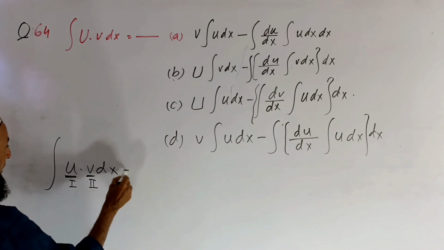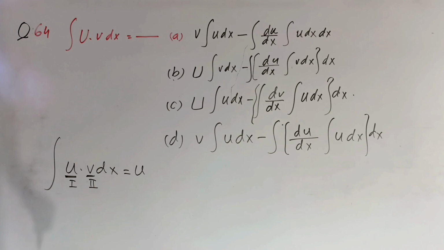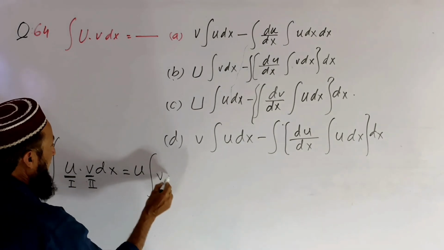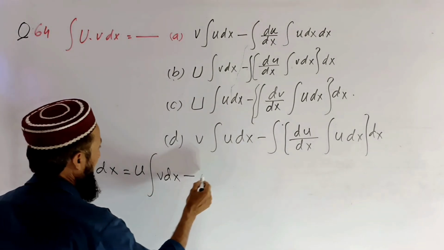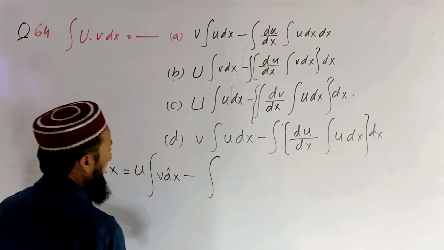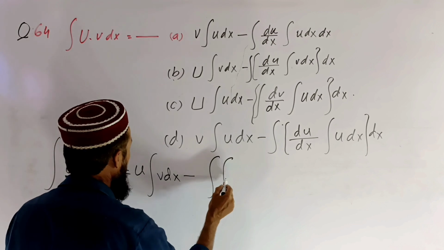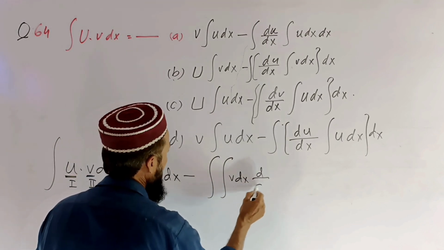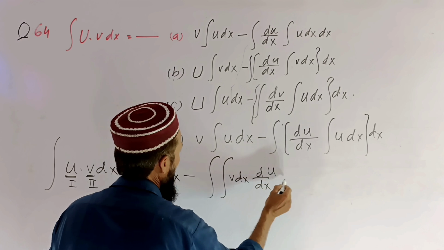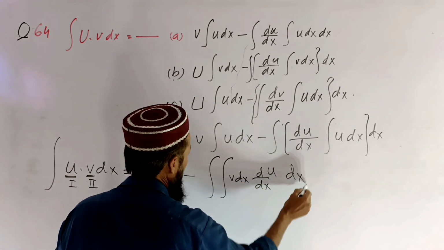So we take u outside the integration and take the integration of the second function, then we subtract the integral of the derivative of the first function times the integral of v dx, dx.